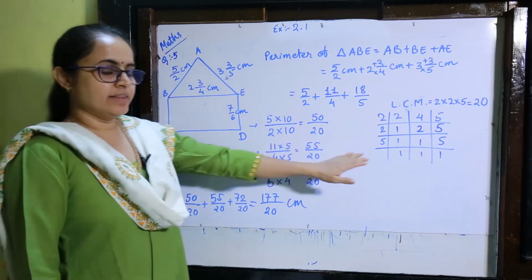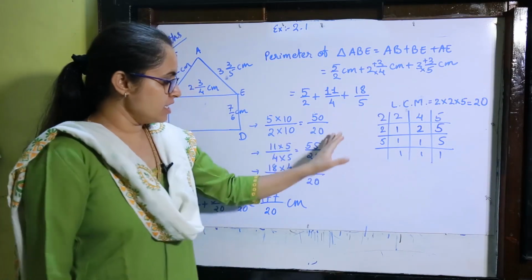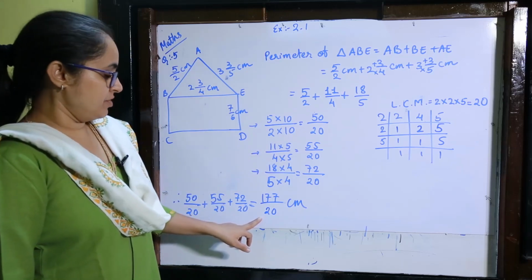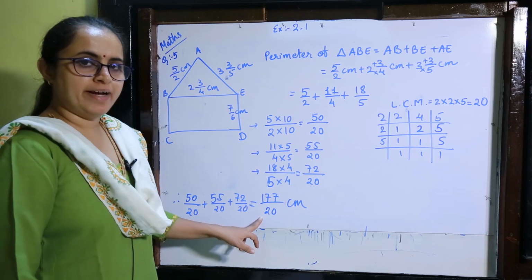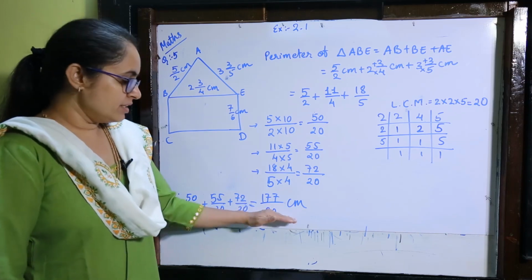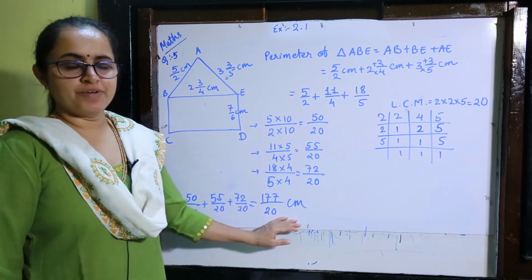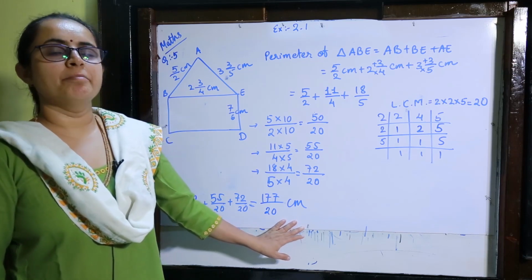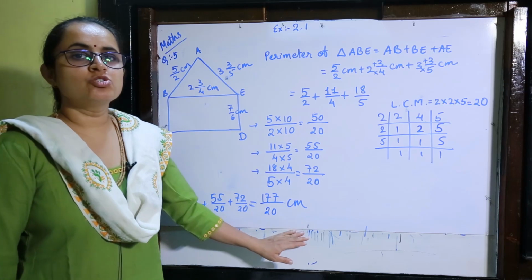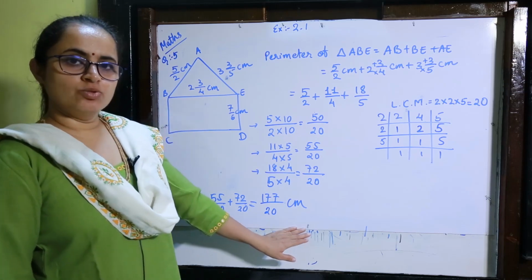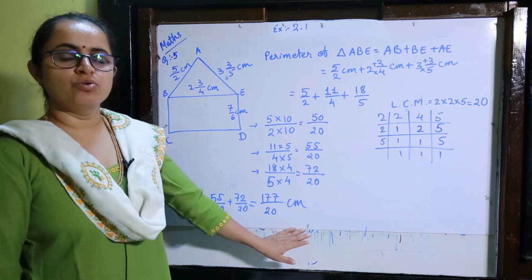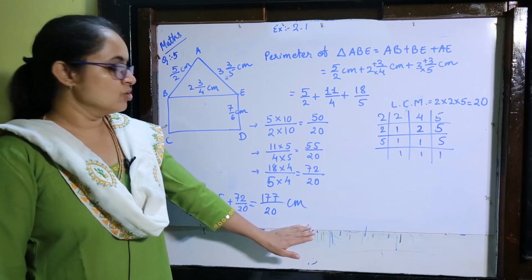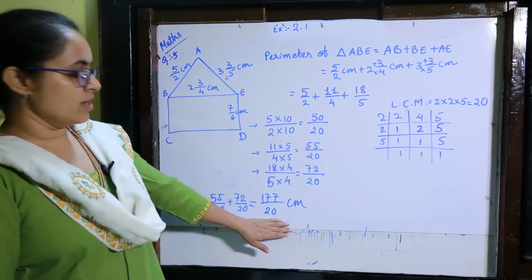I think you have done it, and now you can see that the perimeter is 177 upon 20. You don't need to convert this into a mixed number, because later in this question we need to compare both perimeters. If you have converted, that's okay. If you have not, do not convert it. So this is your answer.